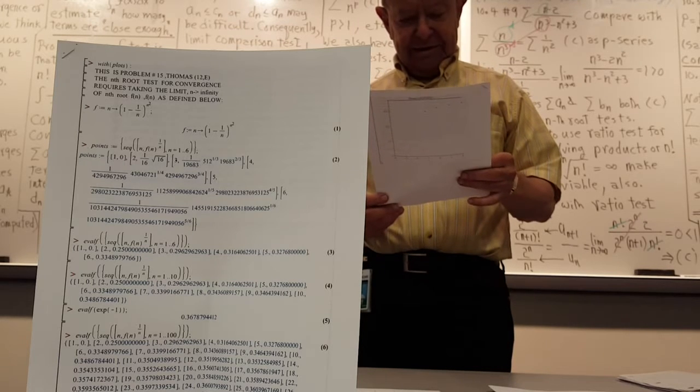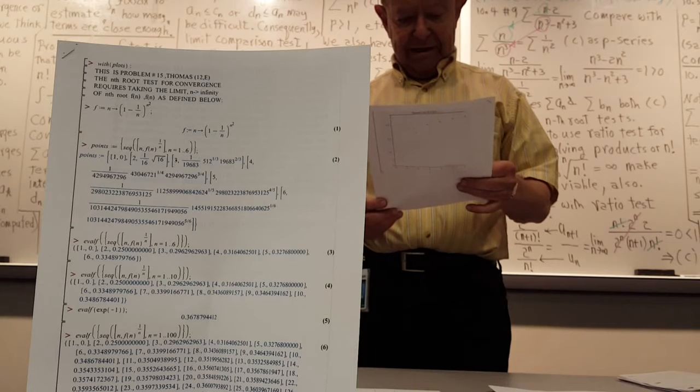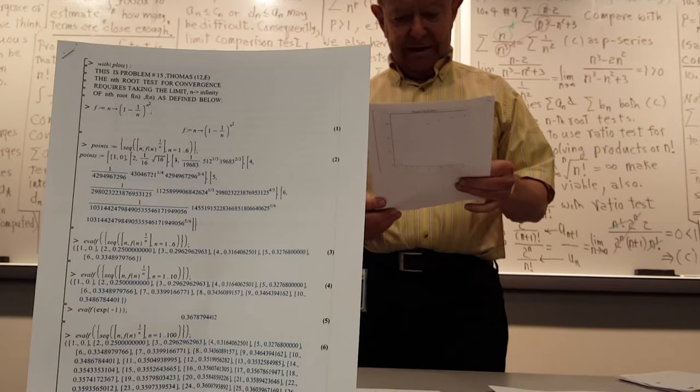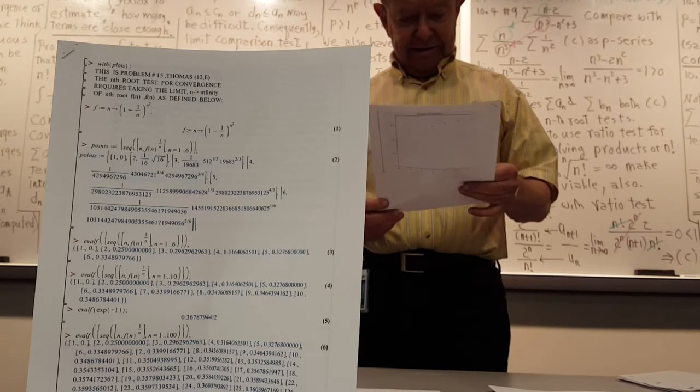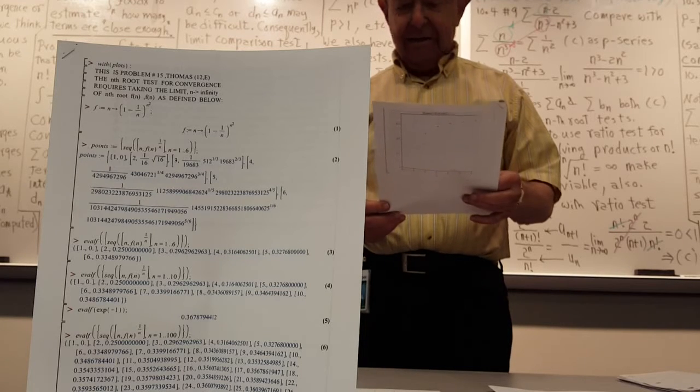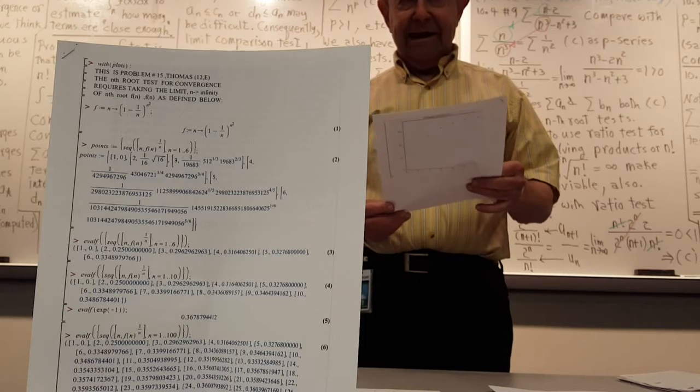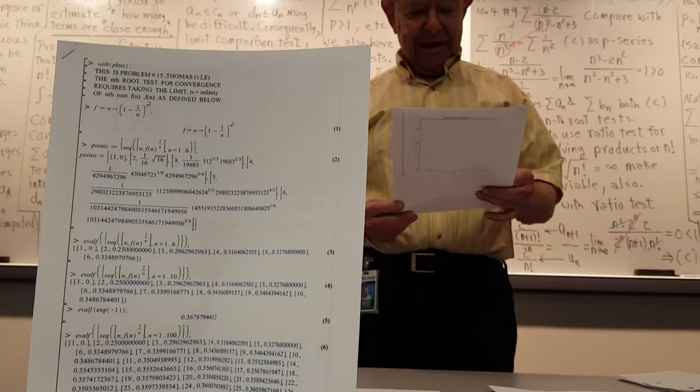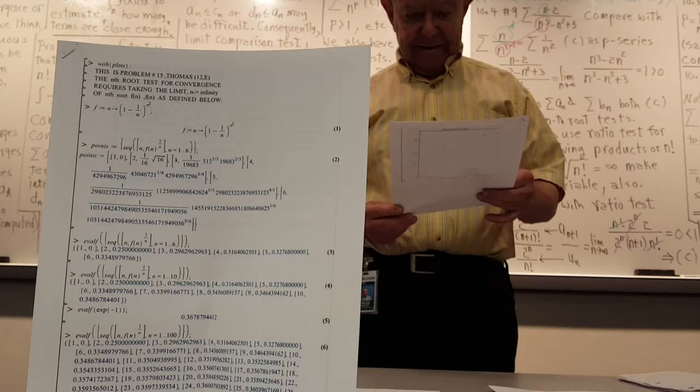You notice that the sequence of nth roots by the time I get up to 10 has a value 0.3486. Notice that then I asked for the value of e to the minus 1.